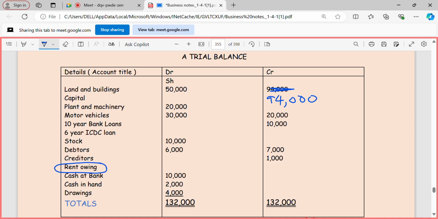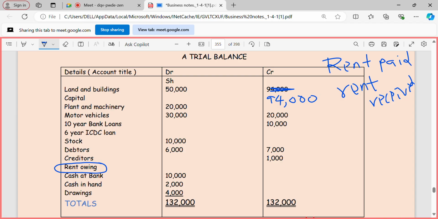Motor vehicles, an asset, you debit it. The 10-year bank loan is a liability, we credit it. The 6-year ICD loans, we credit it. Stock is an asset, you debit. Debtors, as the name suggests, you debit. Creditors, of course, you credit, as the name suggests.